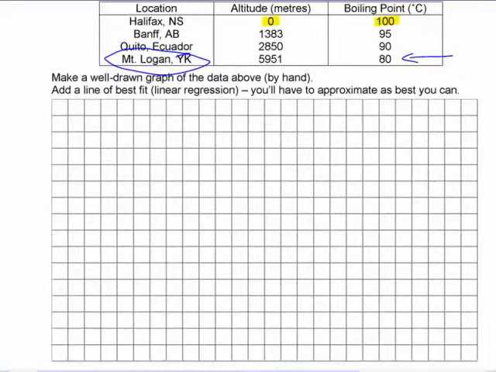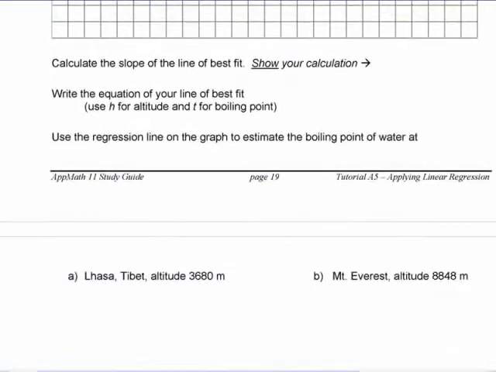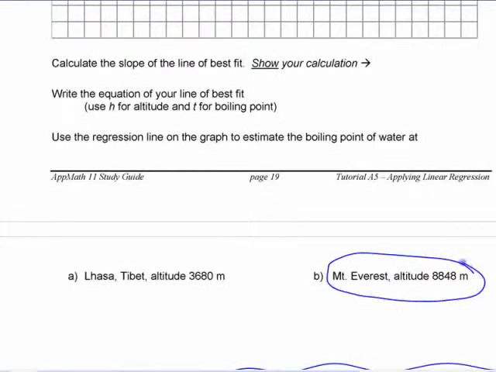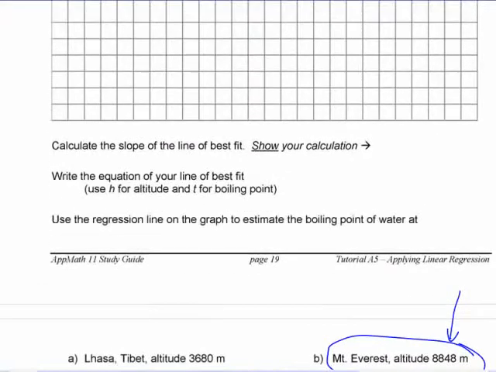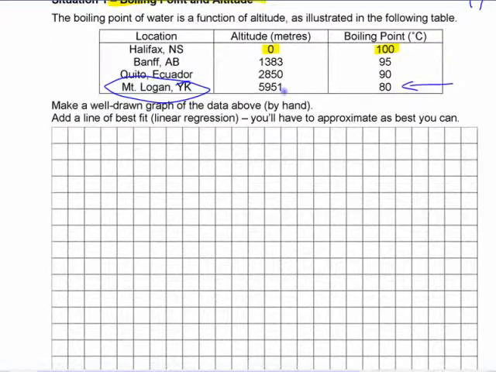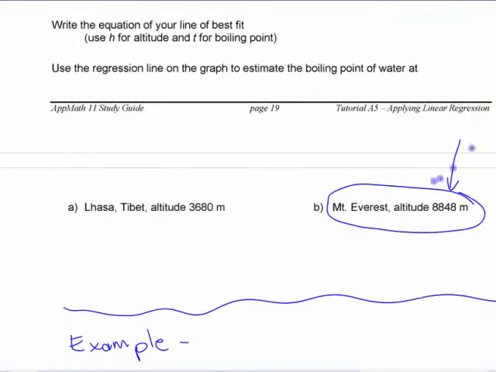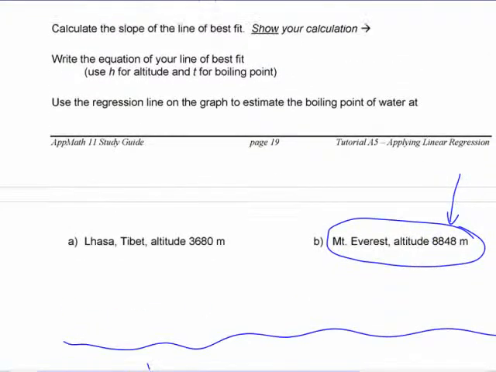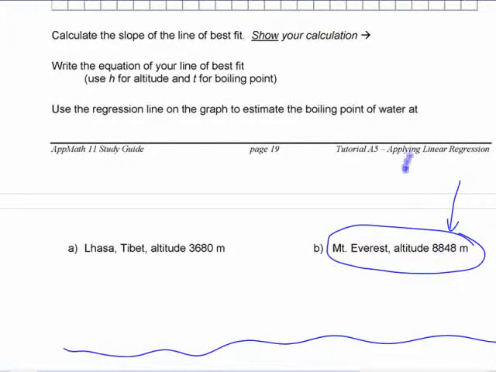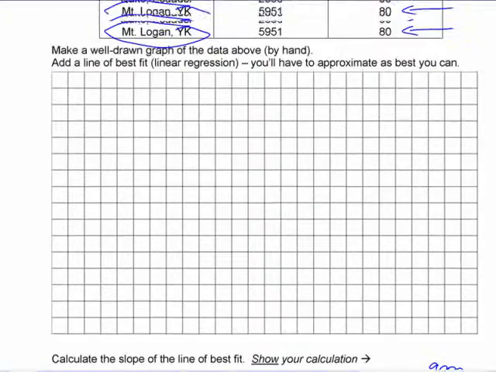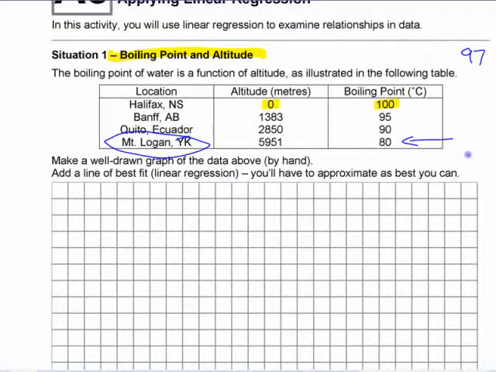I'm going to give you a hint for the scale. Mount Everest is a lot higher than the altitudes I gave you, so I wouldn't want you to set the graph up where you aren't able to plot this on there. So I'm going to tell you that the scale has to probably go up to 9,000 meters, and the temperatures have to go down to probably about 68 or something like that.